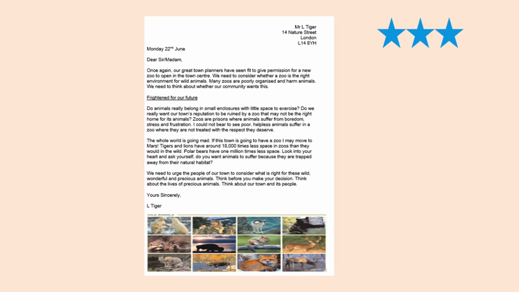And then you read this letter for your 3-star activity, and it's exactly the same as a 2-star activity. You do the same thing. You underline the key features. And remember that formal letters are also forms of non-chronological reports.